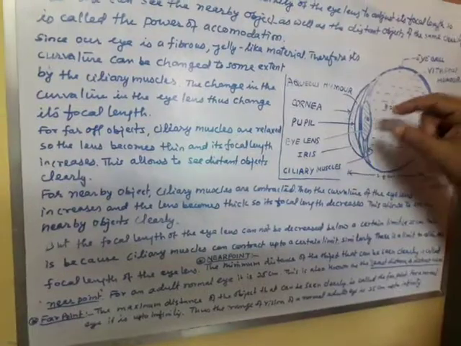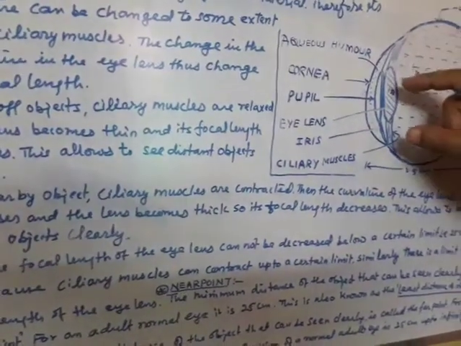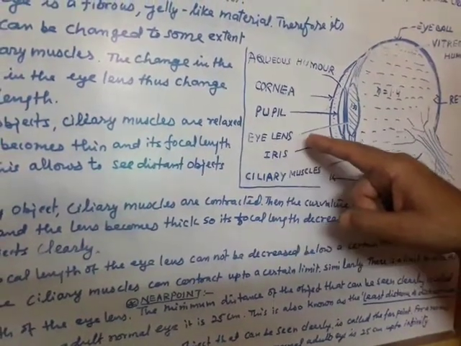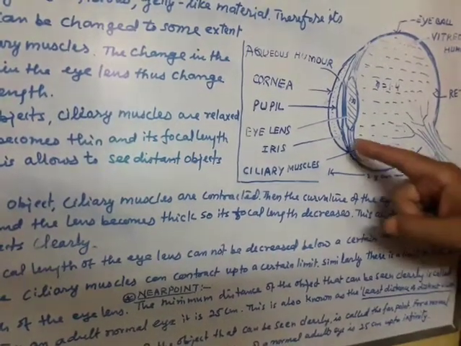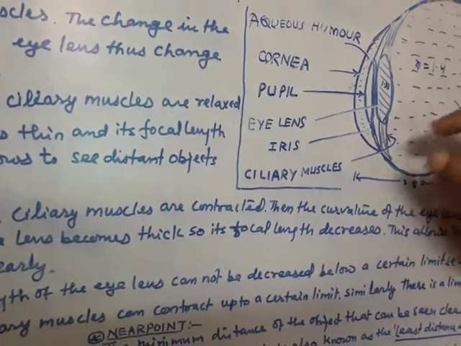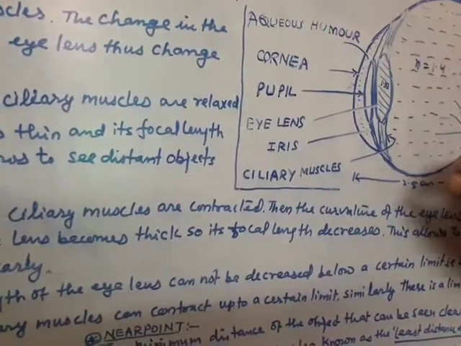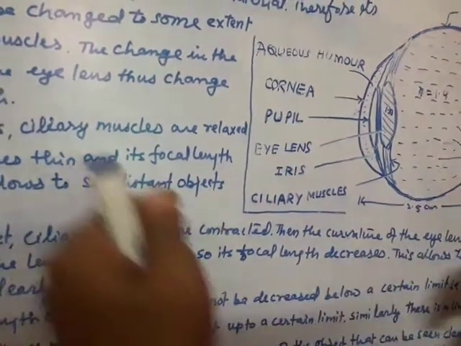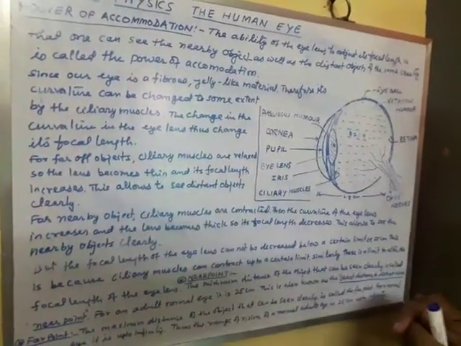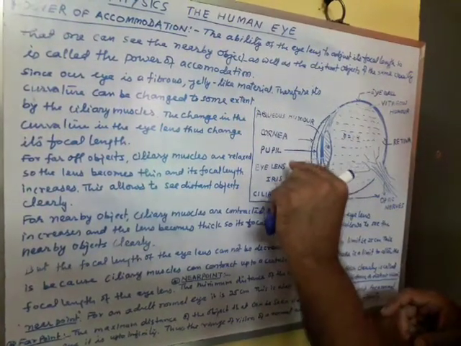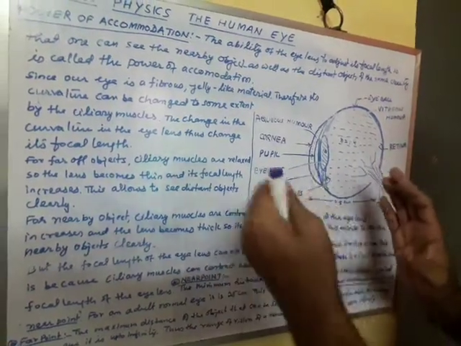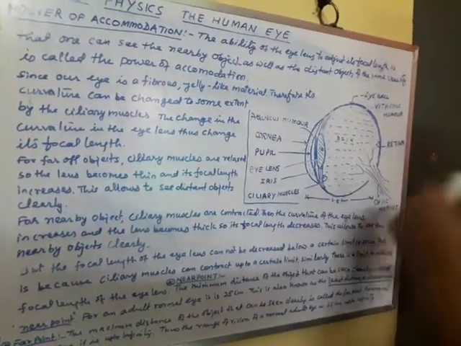The aperture of the pupil can be adjusted by the colored part of the eye, which is called the iris. So the iris is our colored part of the eye, right? It controls the aperture of the pupil and hence the amount of light entering the eye. When we see an object in bright light, the aperture of the pupil is reduced so that a limited amount of light is permitted to enter the eye.